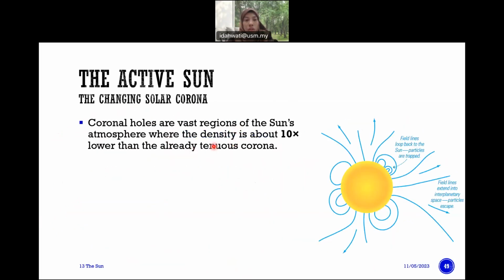So these coronal holes are vast regions of the sun's atmosphere where the density is about 10 times lower than the already tenuous corona. Okay, we can see the field lines. When the particles are trapped here, the field lines extend into interplanetary space. The rest, which are not trapped in this area, the particles will escape to space.